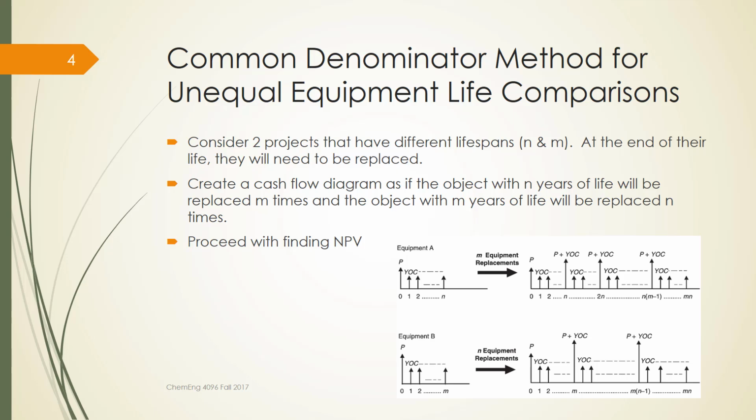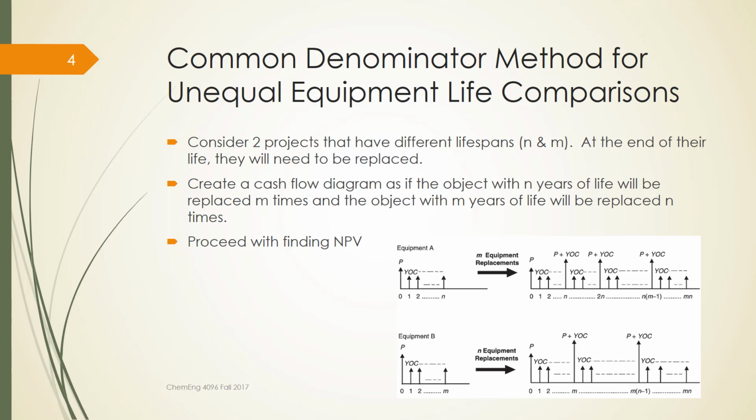The common denominator method basically is a way of comparing things for the same number of years. And so if we have two projects and one has N number of years life and one has M number of years life, you're going to have to keep replacing them until you can get the two to quit working at the same time.